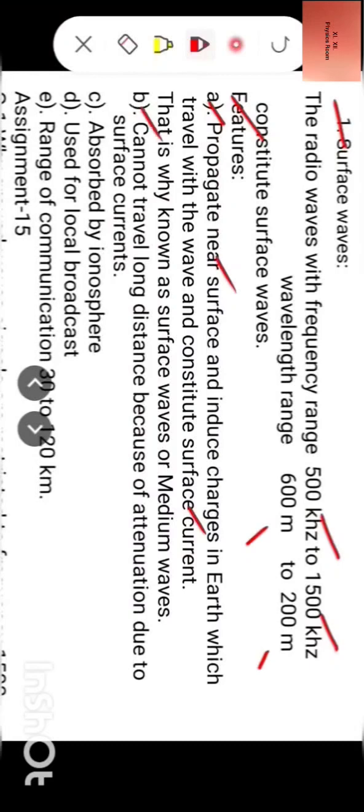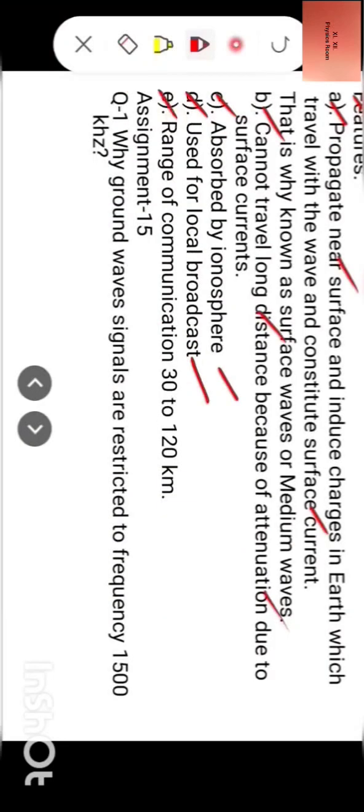B. Surface waves cannot travel long distance because of attenuation due to surface currents. C. These are absorbed by ionosphere. D. These are used for local broadcast or commercial service. E. Range of communication is between 30 to 120 km.